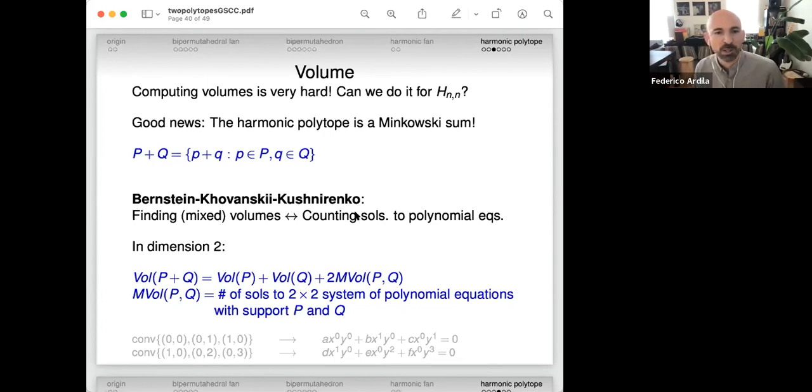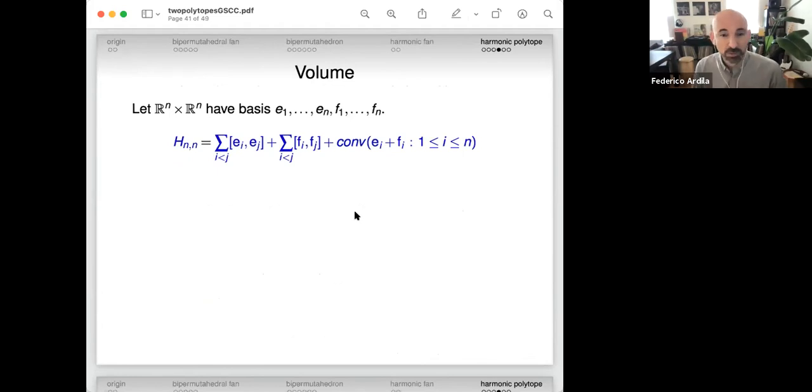Okay, and so for this particular polytope, we can do something. This harmonic polytope ends up being given by this Minkowski sum of a bunch of segments, which, if you've seen the permutahedron, this is a permutahedron. This is another permutahedron, but this is a permutahedron in the first n coordinates.